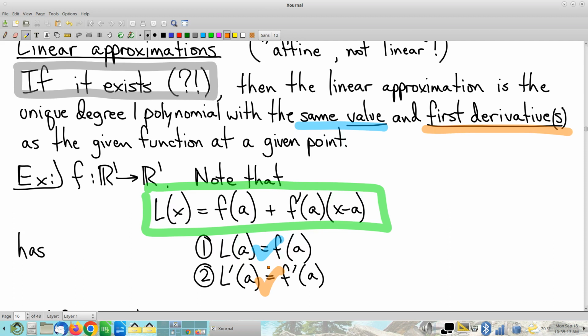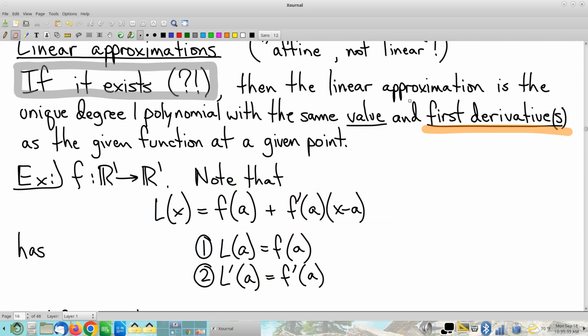It's just a matter of writing it down, right? Just plug in what L of A is. Just plug in x equals A. See what you get. Take the derivative and then plug in x equals A again. Confirm this. So make sure you can do that. If you have trouble, something goes a little wrong, you're not sure what the problem is, come to my office hours. We're very happy to help you out.